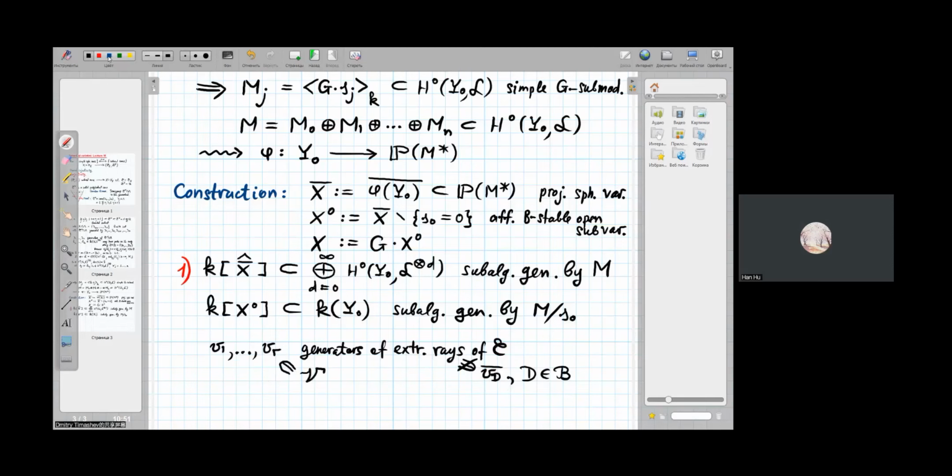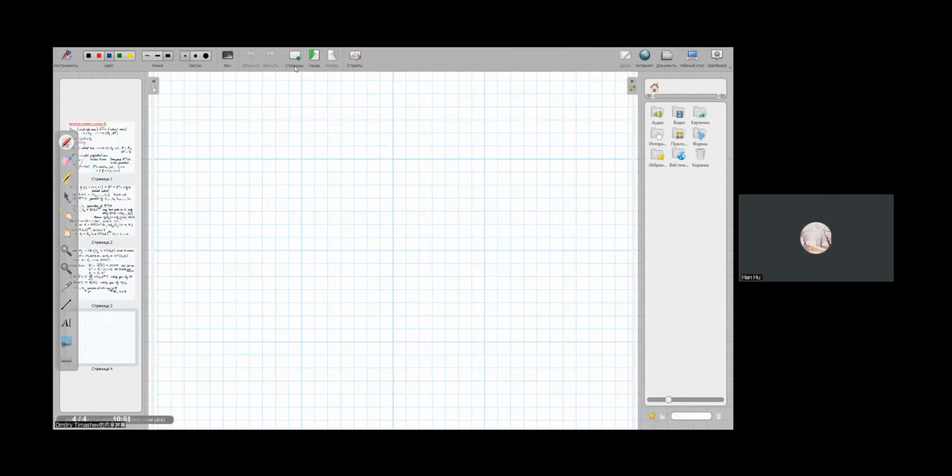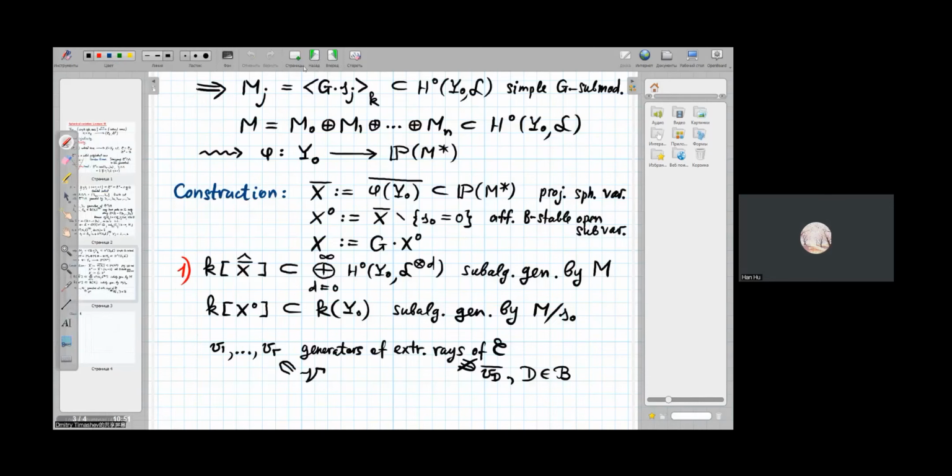Now we want to prove the following claim. Maybe let me turn to the next page. Question: the extremal rays of C, and does not belong to... this is a characteristic of a colored cone. Well, what is the colored cone?